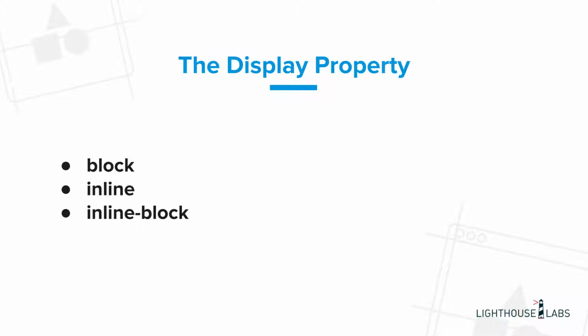So exactly that: block takes up the whole of the display horizontally. Inline will only take up the space that it needs to, based on the content. And inline block is a bit of a mix of the two. With inline, you can't set height and width on it, but inline block acts the same way as inline, but you can set height and width on it. And you can set height and width on block as well.